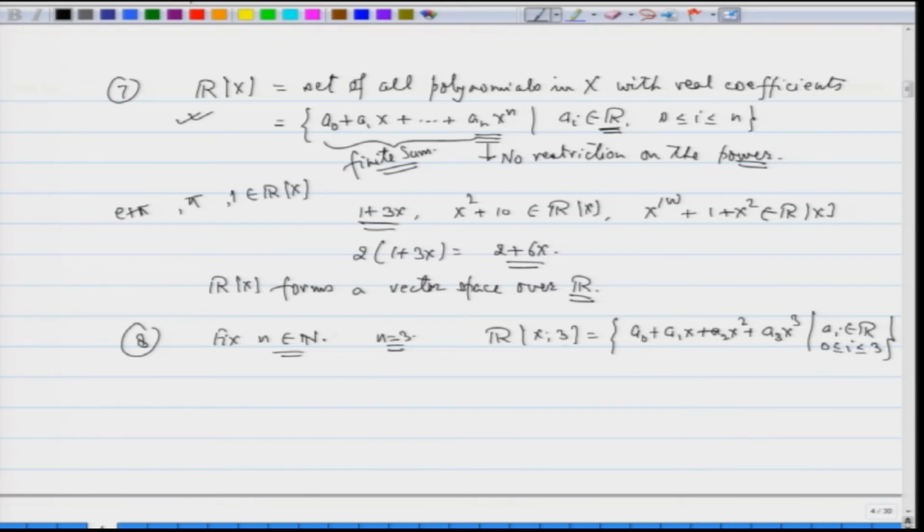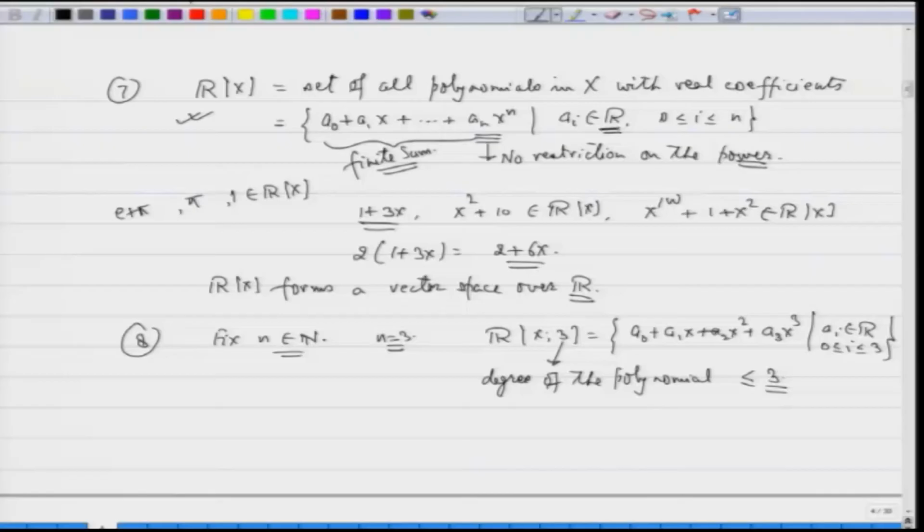Here we are fixing the degree of the polynomial to be less than or equal to 3. If I have two polynomials of degree less than or equal to 3, then I can add those two polynomials, and the degree is not going to increase because I am not multiplying.